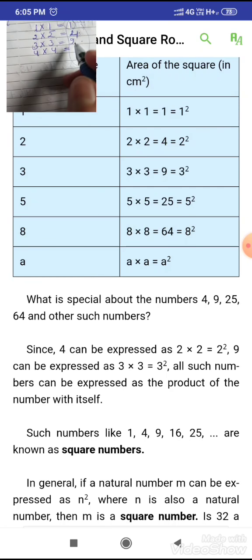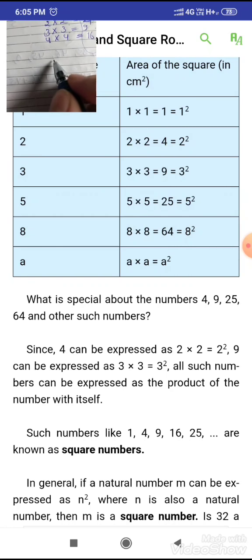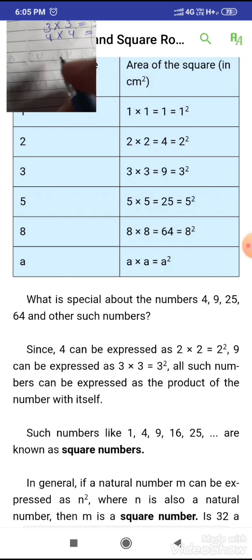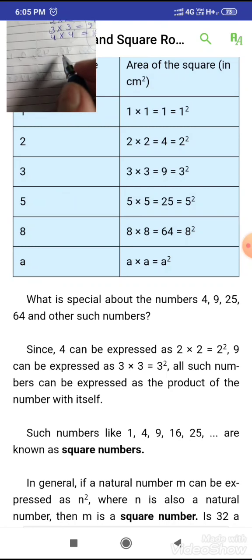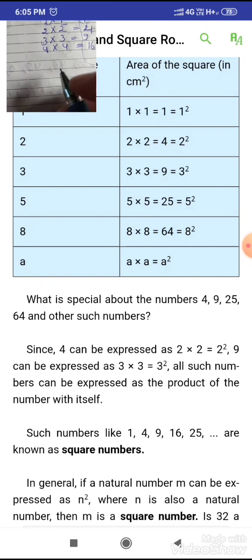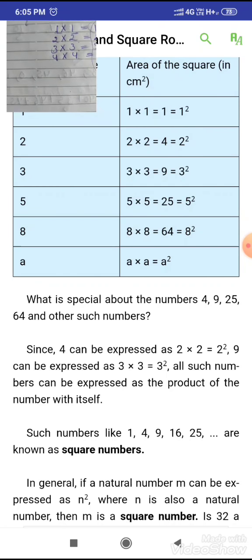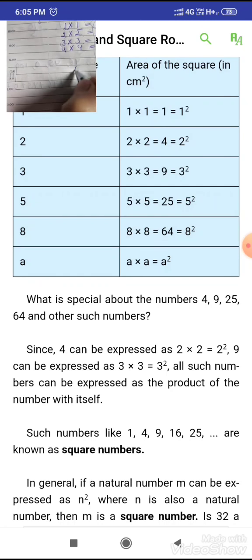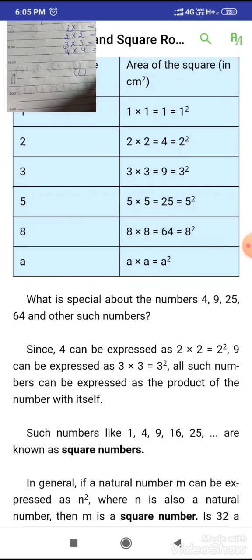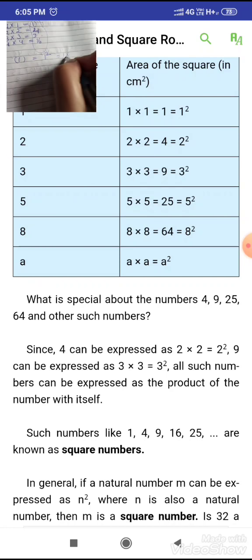So we can say that a square number is a number which can be expressed in the form of n square, where n is any natural number. So we can write 1 as 1 square. 1 square means 1 multiplied by 1.